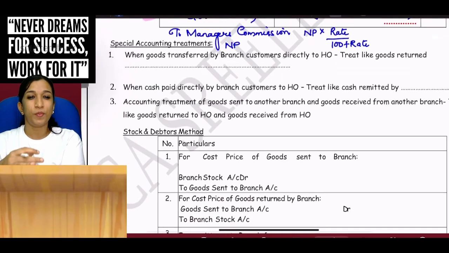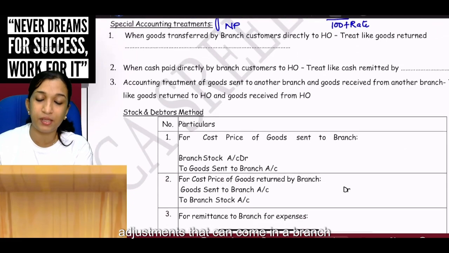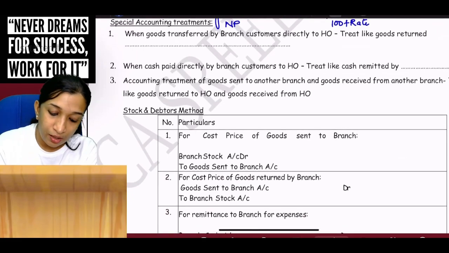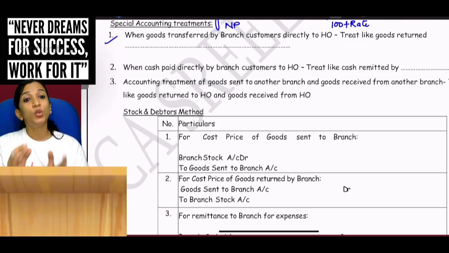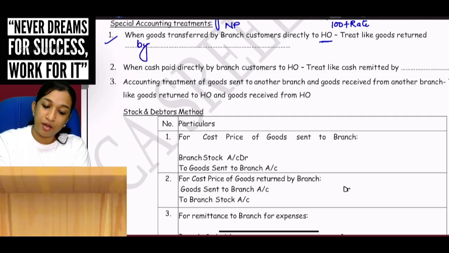So now we are discussing the additional adjustments that can come in a branch question. When goods are transferred by branch customers directly to head office, sometimes the question says so, treat like goods returned by branch to head office.